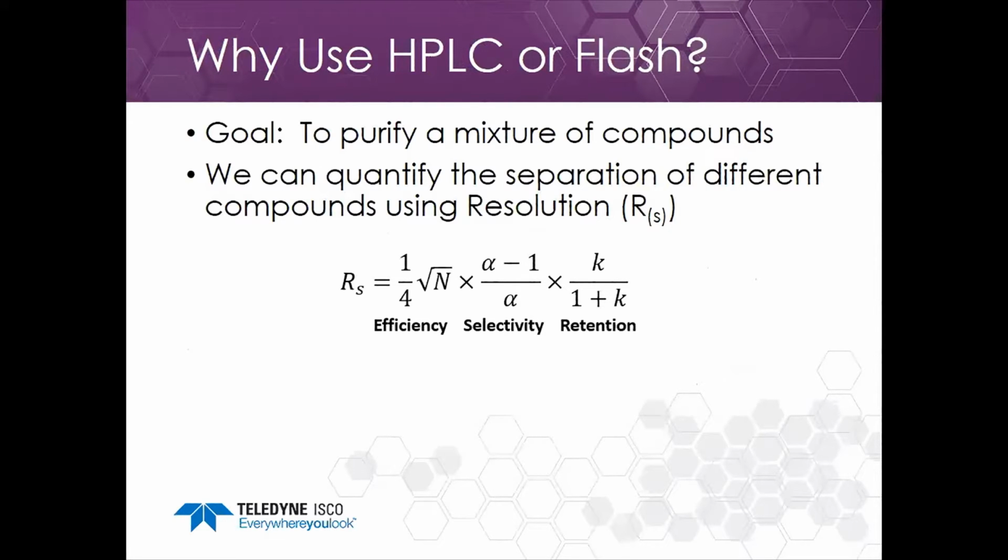One is the efficiency of the column, two is the selectivity of the system, and three would be the retention of the compound in the system. We're going to discuss different ways that we can affect each of these variables and optimize the resolution for our separation.